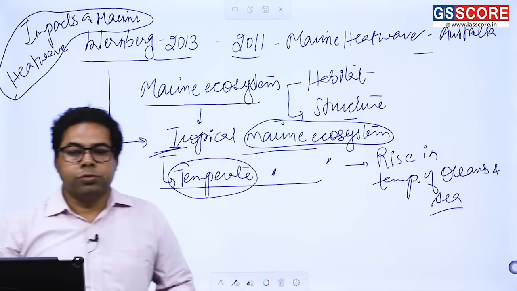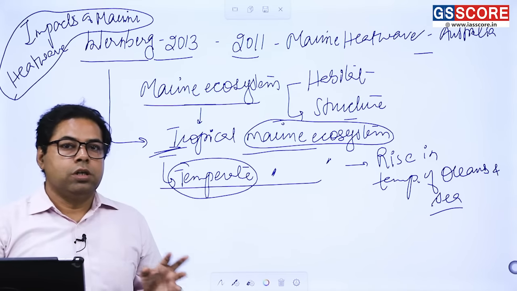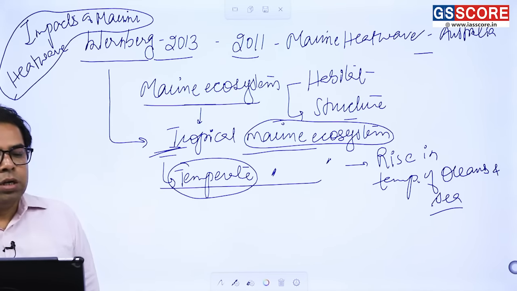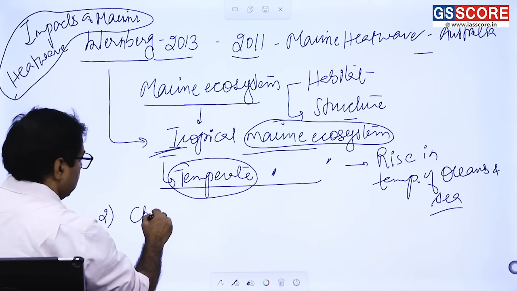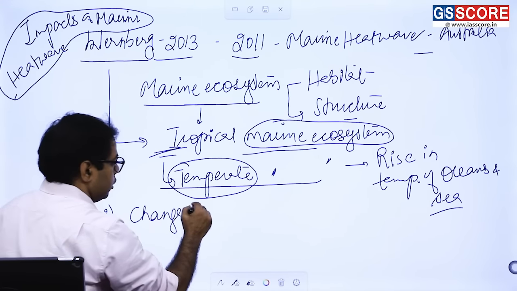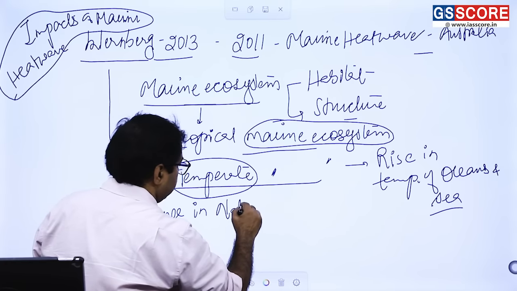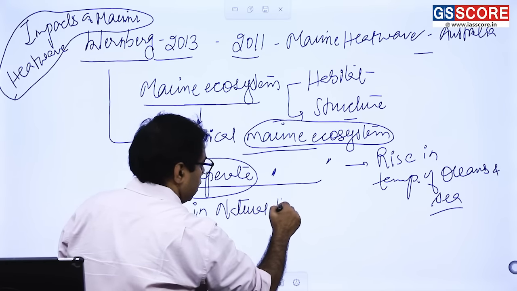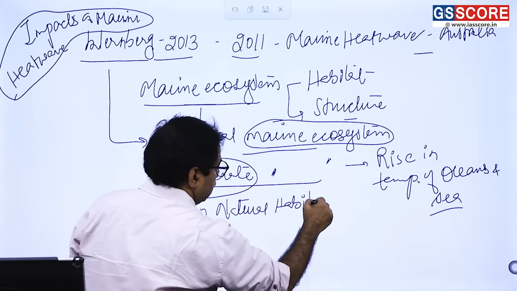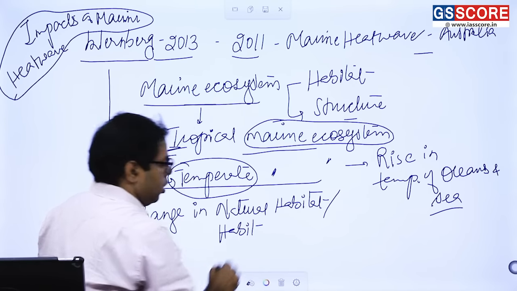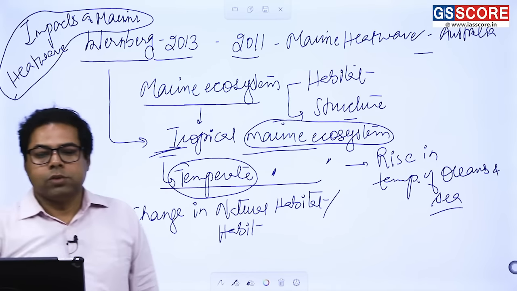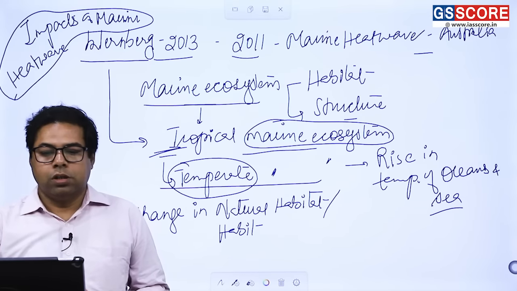The first impact observed will be a big change in the marine ecosystem. Another impact observed, number 2, is a change in the natural habitat of the oceans.